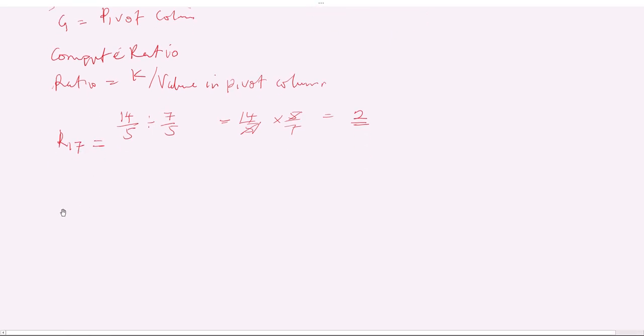So for R27, we already know it is 19 over 5, divided by 2 over 5.